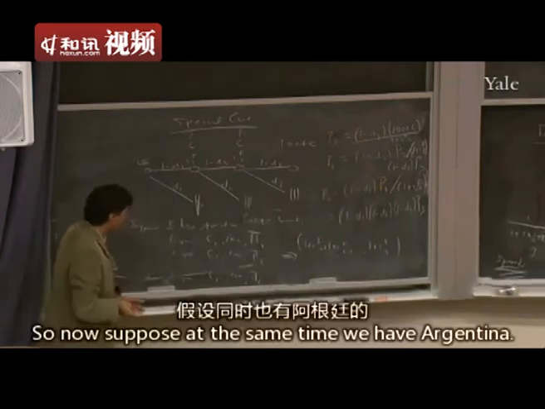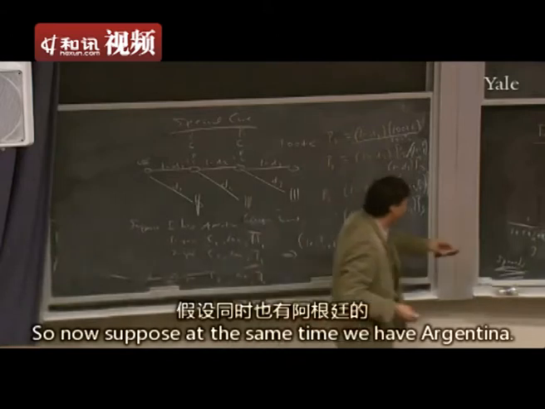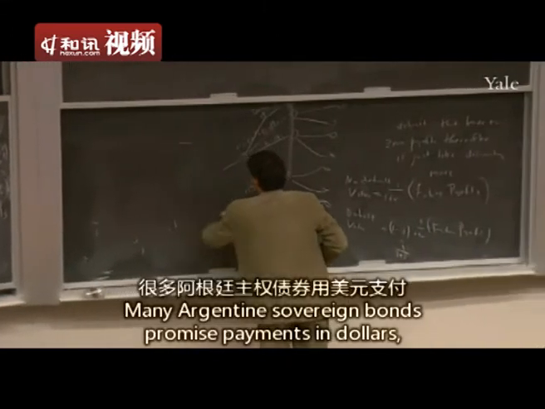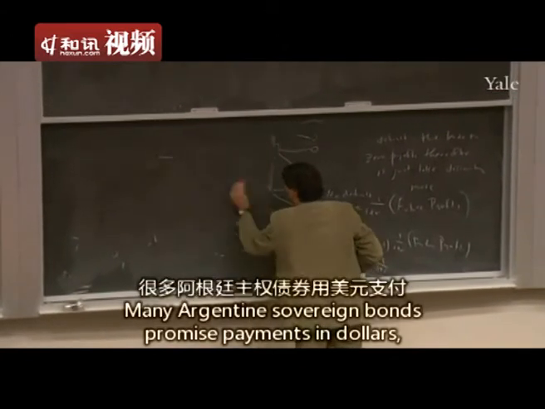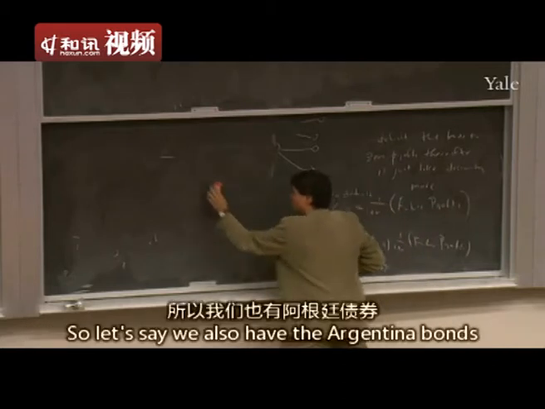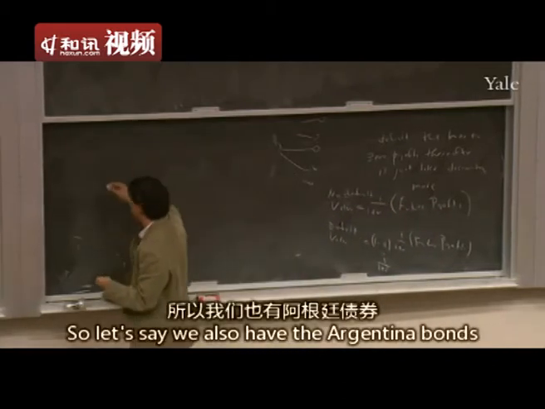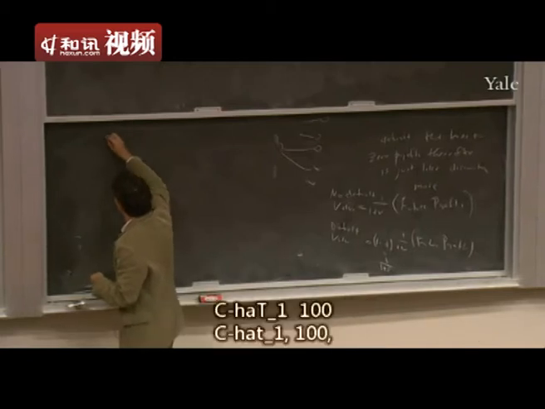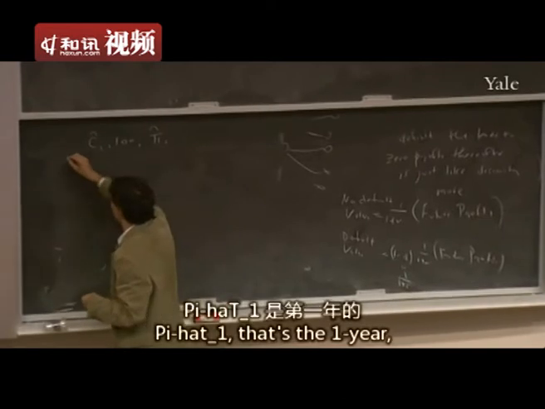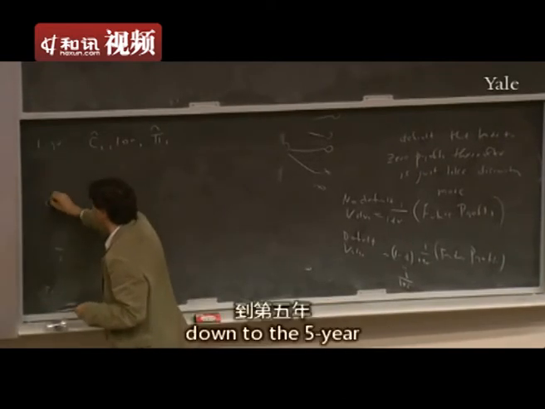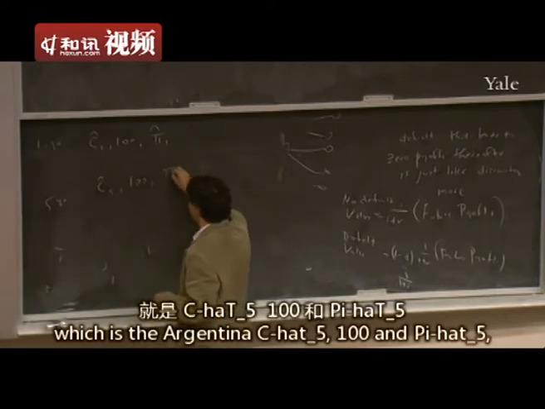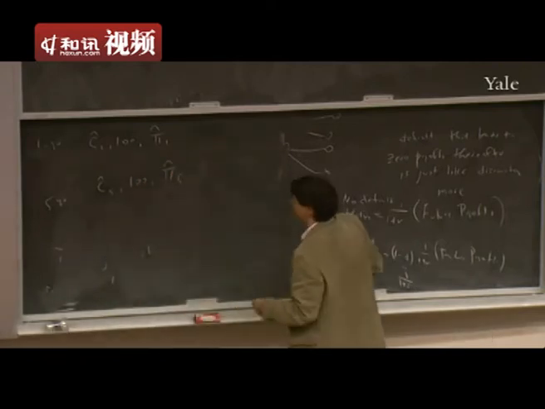Now suppose at the same time we have Argentina, where many Argentine sovereign bonds promise payments in dollars, by the way. They're trying to trade them internationally. So we also have the Argentina bonds: C hat 1, 100, pi hat 1 for the 1 year, down to the 5 year, C hat 5, 100, and pi hat 5, its price.